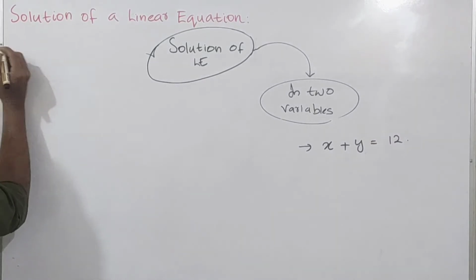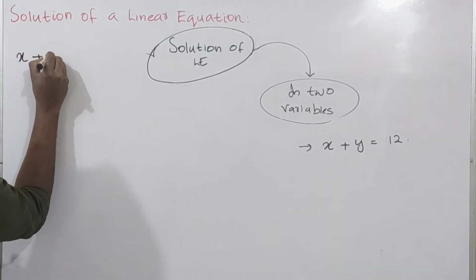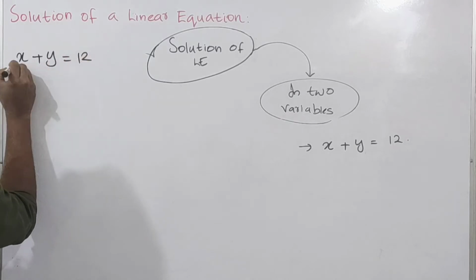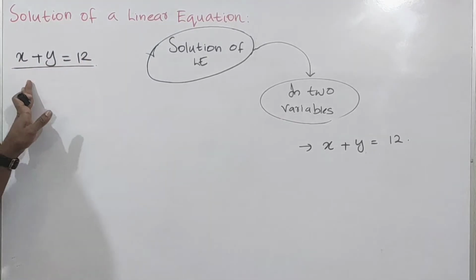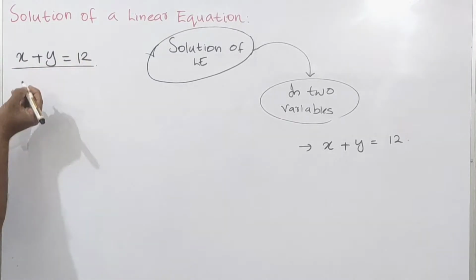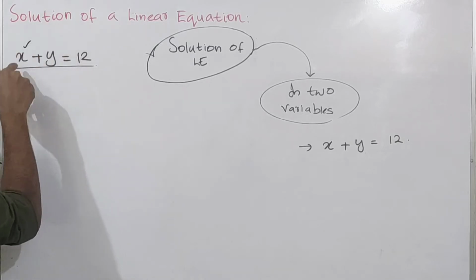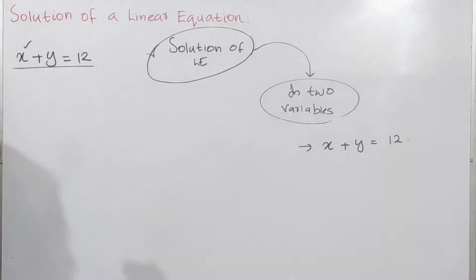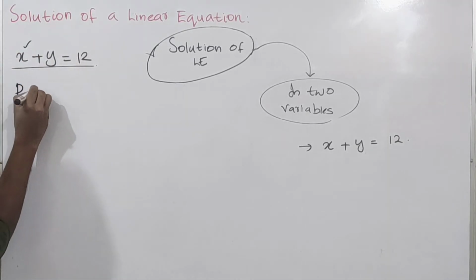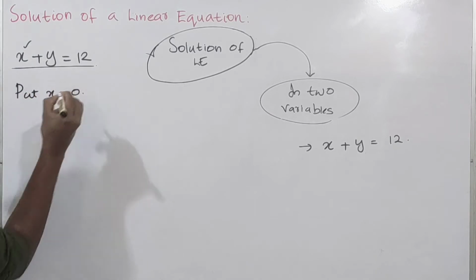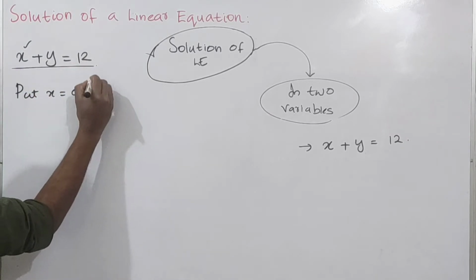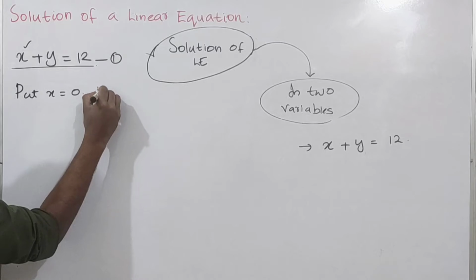This is the equation. I'll explain it from the beginning. X plus y is equal to 12. To find values of x and y, what we need to do is first substitute the first value, x, as 0. Put x is equal to 0 in, I'm writing this as equation number 1.